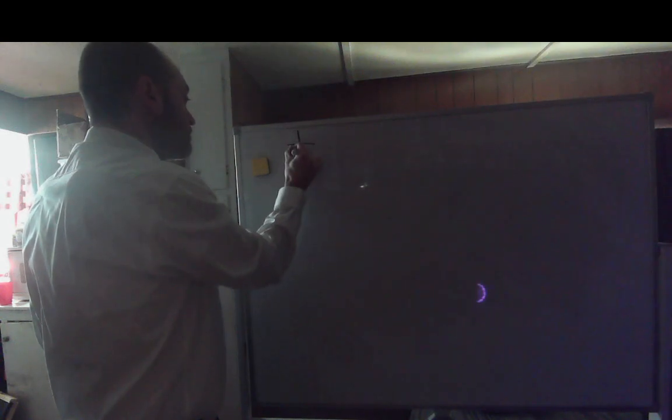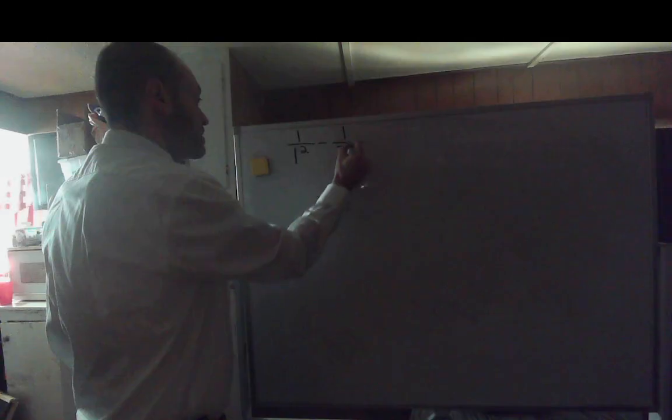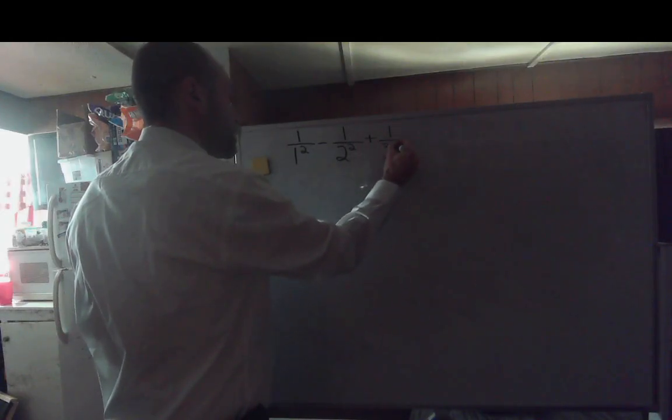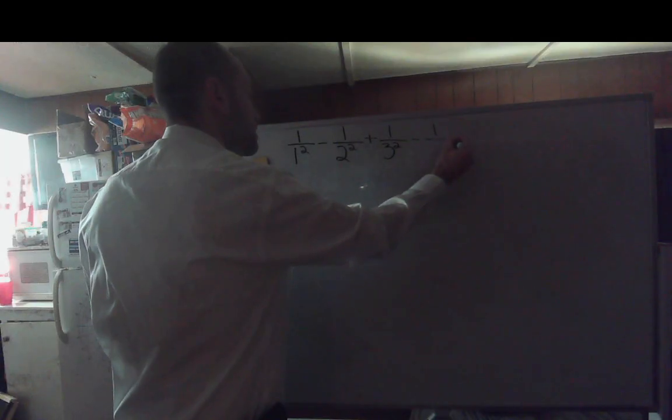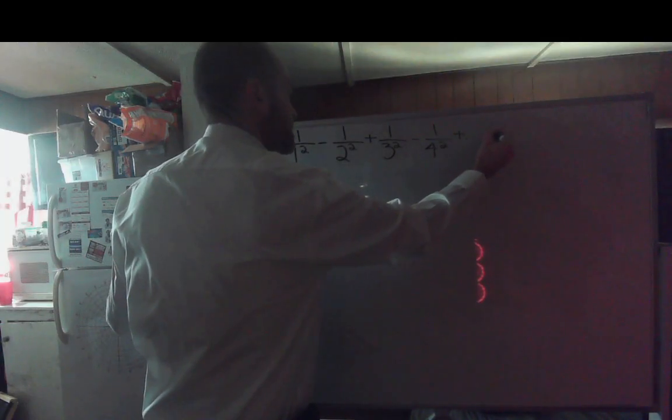We have 1 over 1 squared minus 1 over 2 squared plus 1 over 3 squared minus 1 over 4 squared, plus, minus, 1 over 20 squared.